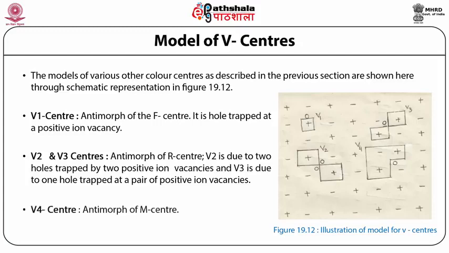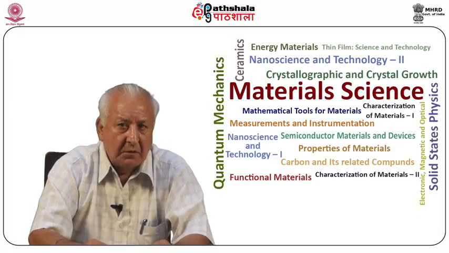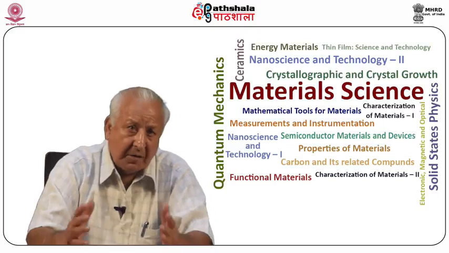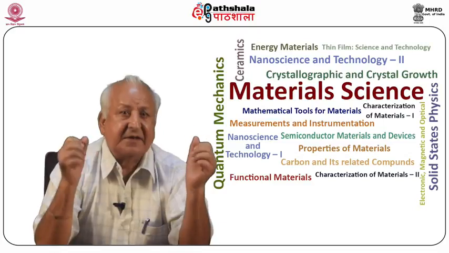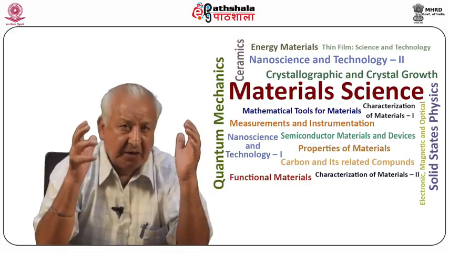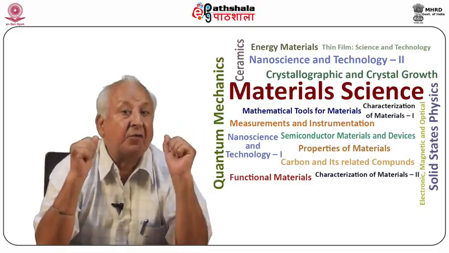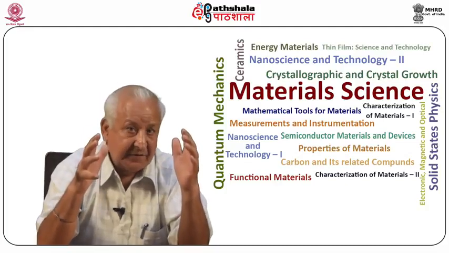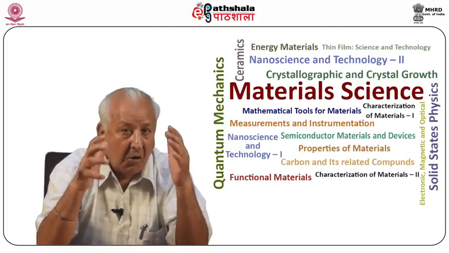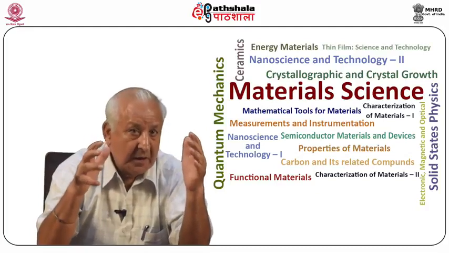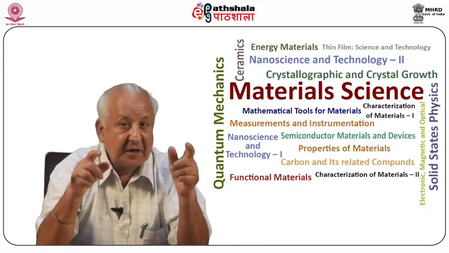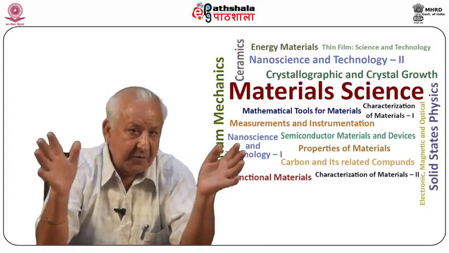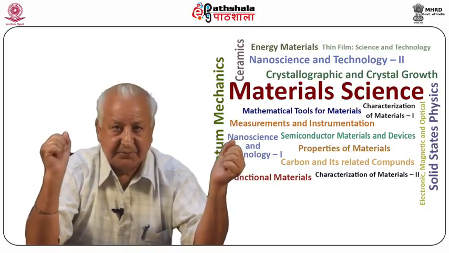M4 center is an antimorph of M center. Now let us talk about polymorphism. You see, in several cases, it so happens that the same chemical compound manifests itself in two or more different structures, which exhibit divergently different properties and characteristics.